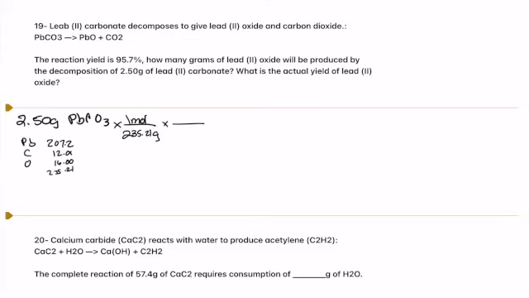But I've made a mistake. Okay, if you are paying attention to this video, you're going to note that there is a math error right here. I listed O as 16.00, which is true, but I should have 3 of them, and so it should have been 48.